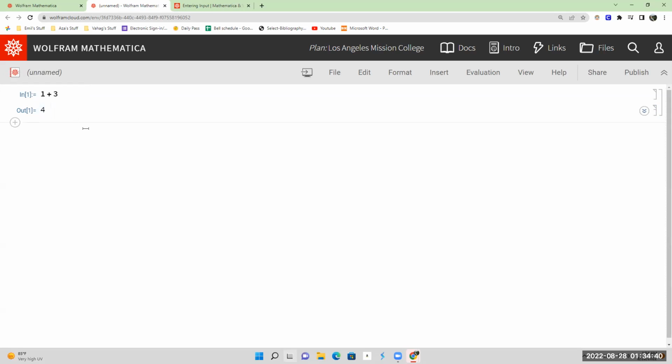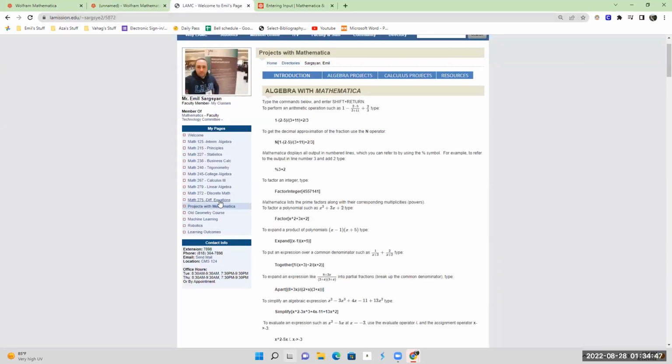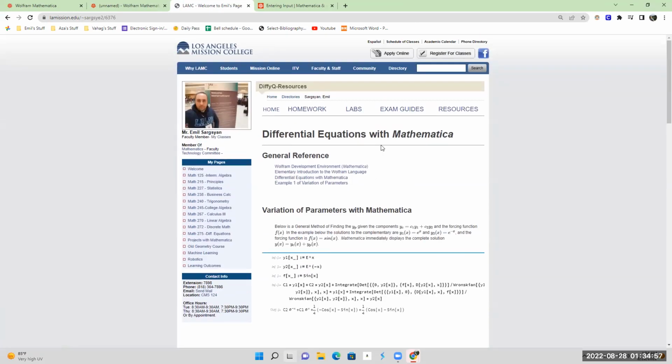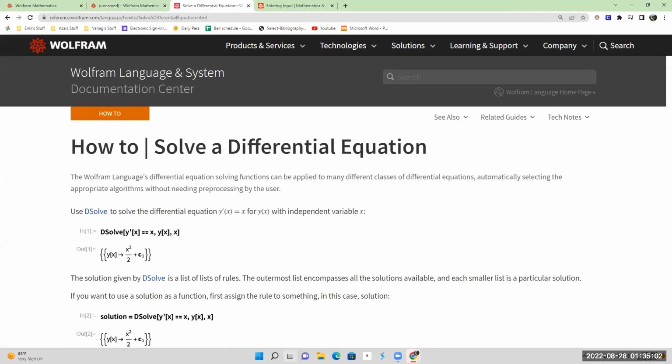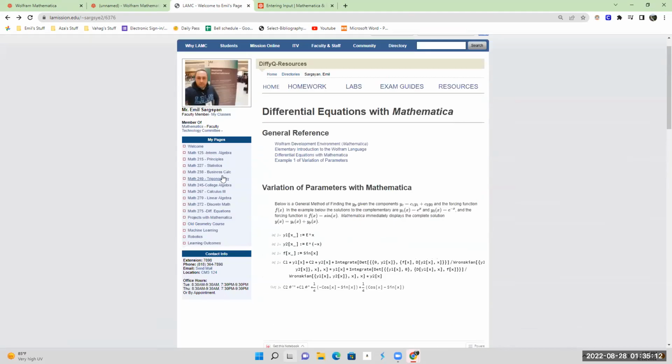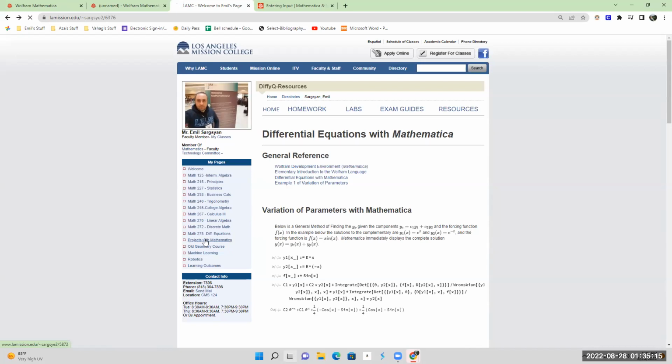So I'll give you a couple of other examples. On my own website, over here under, let's see, differential equations, resources, and differential equations with Mathematica, actually should be under projects with Mathematica.